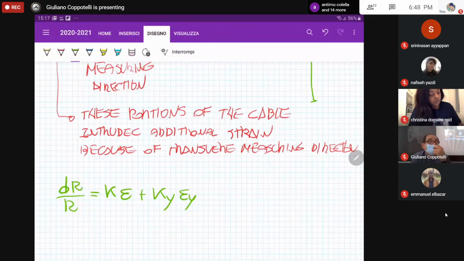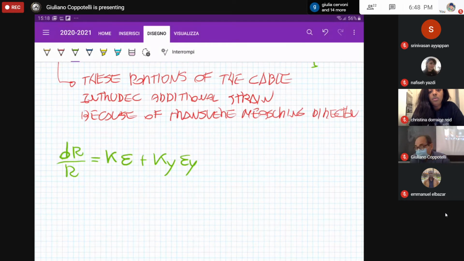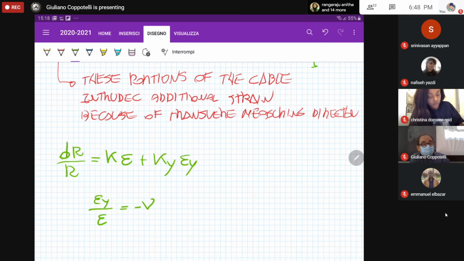That is the equivalent strain gauge factor and the corresponding strain in the orthogonal direction. Okay. By the way, you know very well that the Poisson ratio is the ratio between these two strains. So we can say that the ratio between the epsilon in the y direction, the orthogonal one, and the epsilon in the longitudinal natural direction is equal to negative the Poisson ratio.